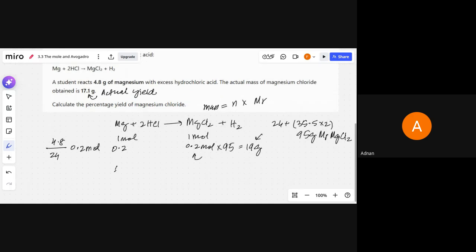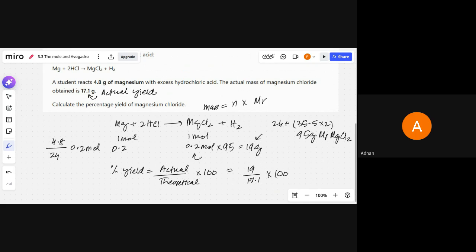The equation is percentage yield equals actual divided by theoretical times 100. So actual is 19 divided by theoretical is 17.1, times 100. I would suggest that you do it separately.